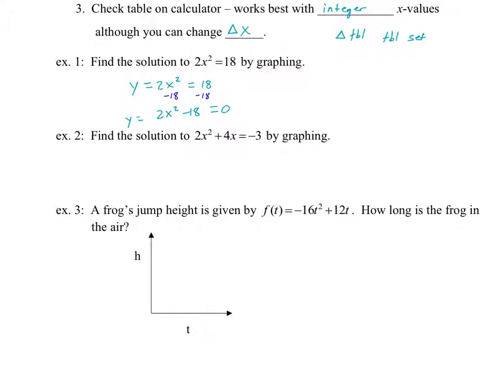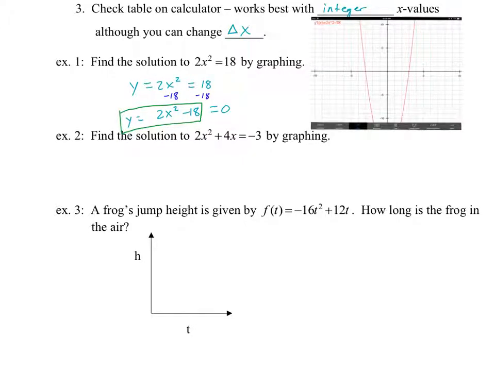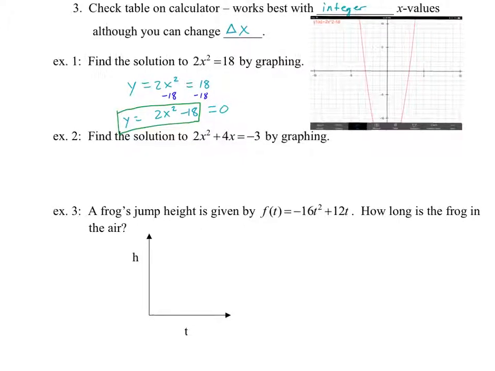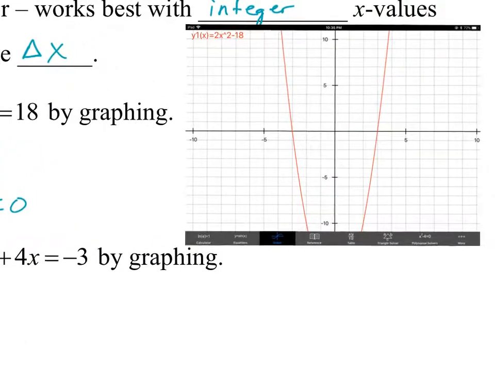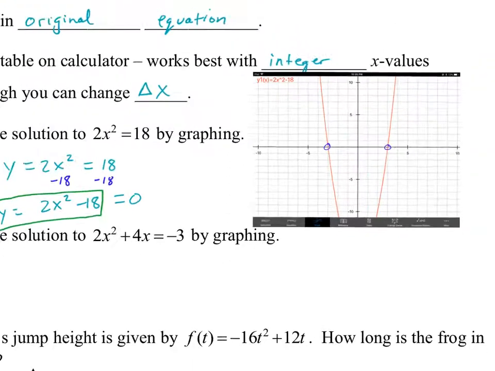If you have a graphing calculator, you could punch this thing in. It'll look similar on a graphing calculator to this, and you see that it nicely has x-intercepts of -3 and 3. You could zoom in and trace, or since they look like integers, I'd probably just use the table function.